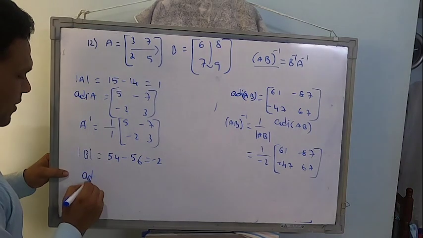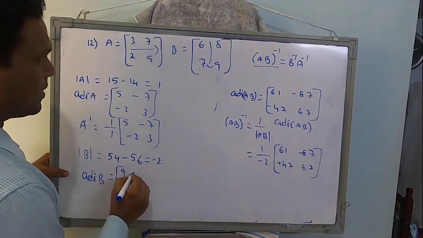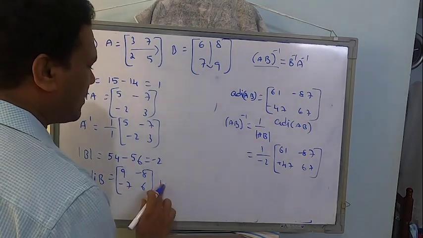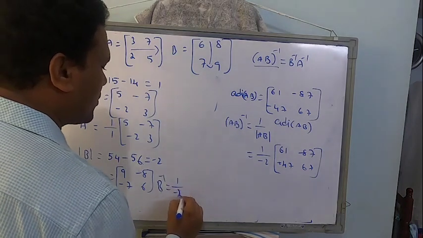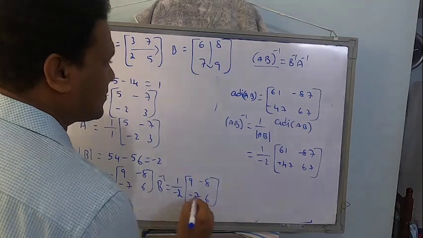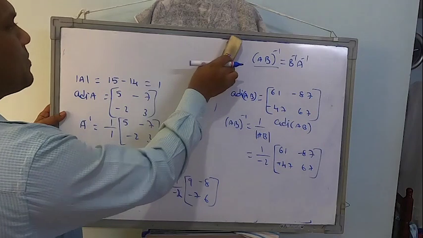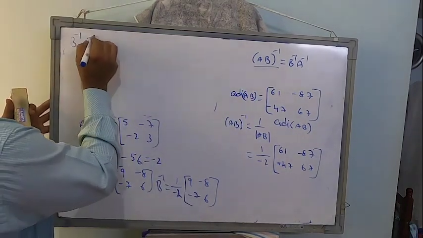So what is adjoint B will be now? Adjoint B will be equal to 9 minus 8 minus 7, 6. Therefore, B inverse equal to 1 by minus 2 multiplied by 9 minus 8 minus 7, 6. The rest is to multiply and get the answer, right? I should just multiply B inverse multiplied by A inverse.